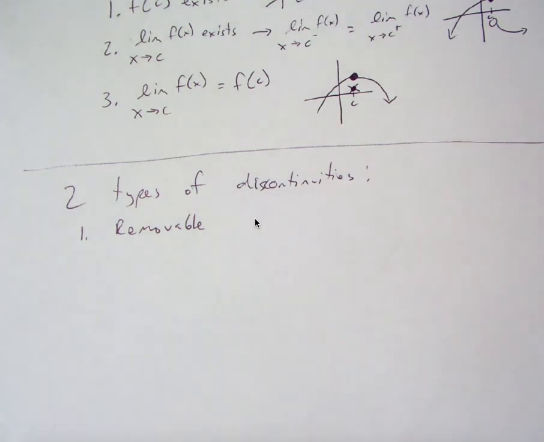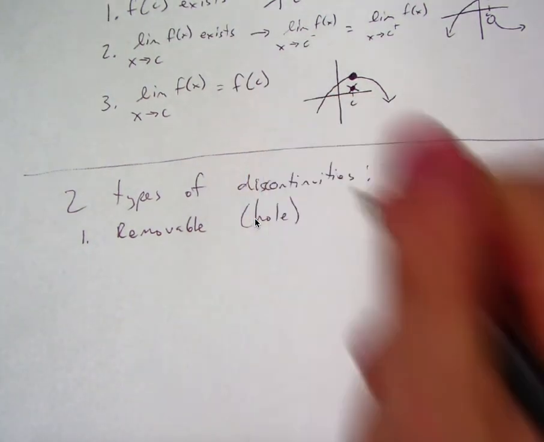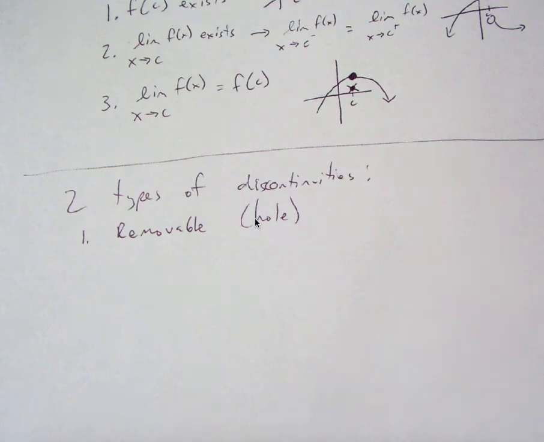And you may have talked about this in pre-cal, but a removable discontinuity is a hole. The reason it's removable, if you think back to last lesson that we did when we factored and canceled, we eliminated the hole. You essentially filled the hole in. And so a removable discontinuity is a hole because you can factor and cancel and remove the hole.